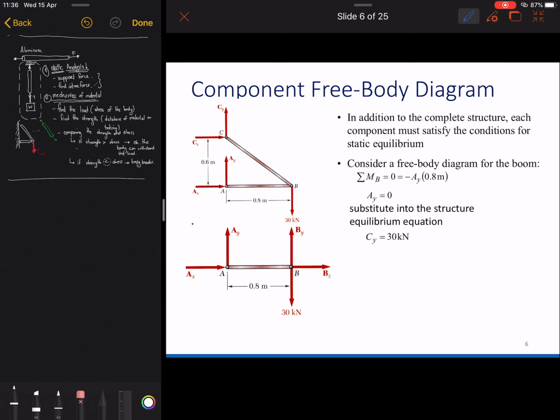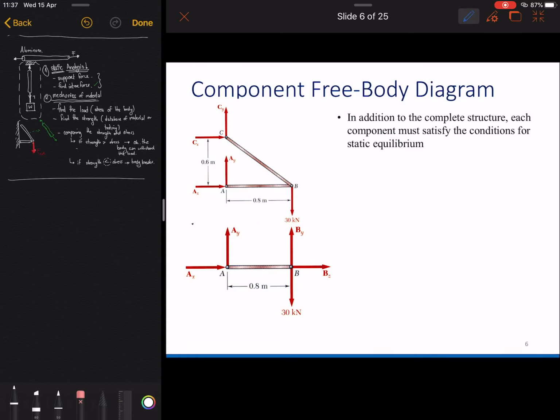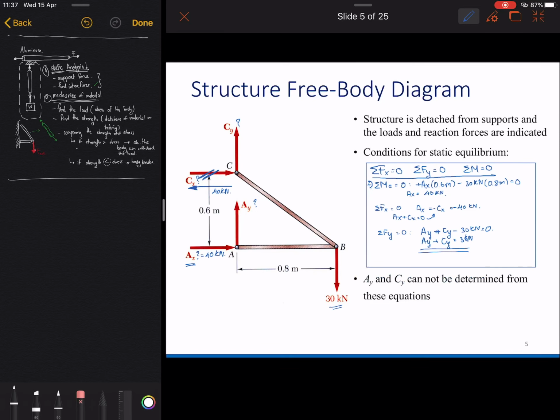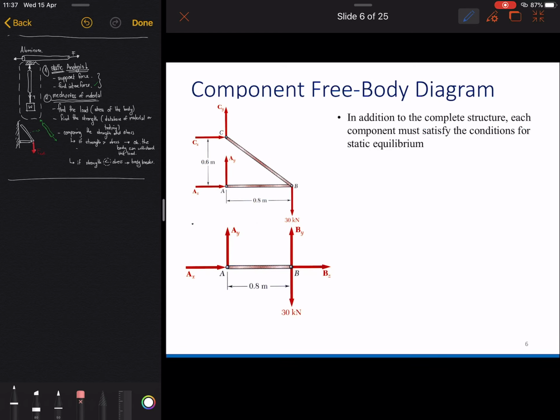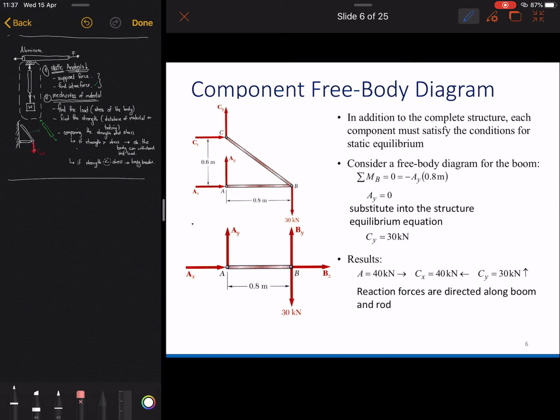And then we have only Ay here, which is equal to 0, and then if we substitute back into equation 1 here, if Ay is equal to 0, of course, then Cy will be equal to 30.